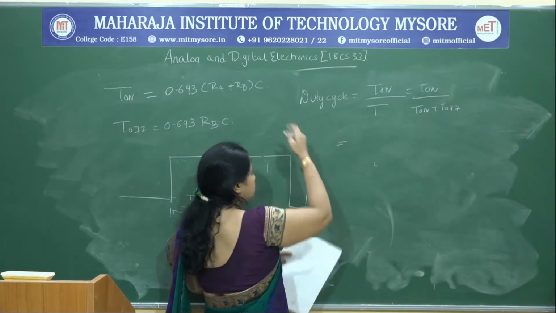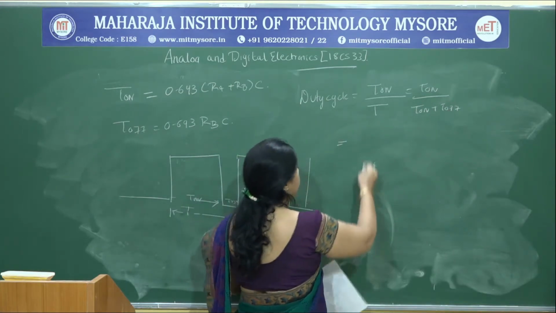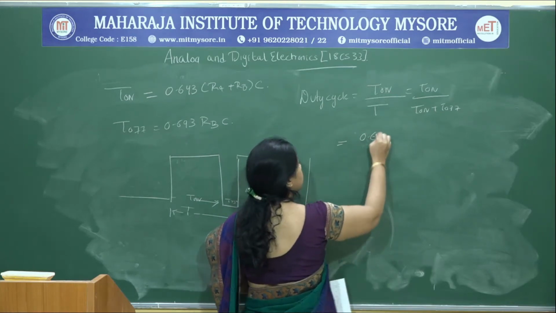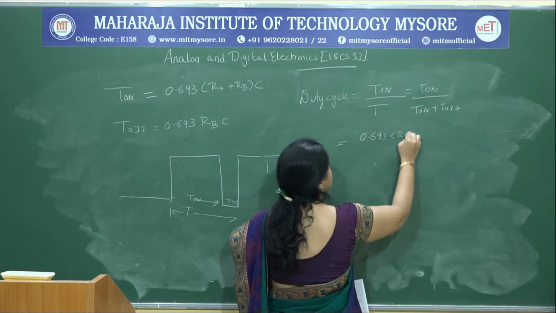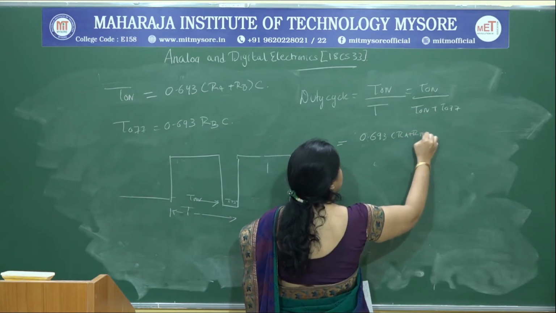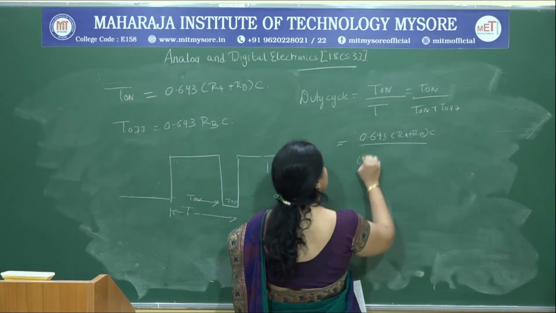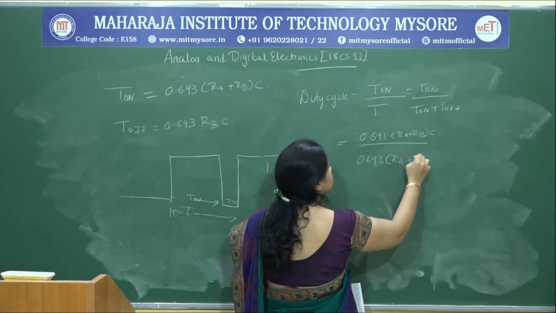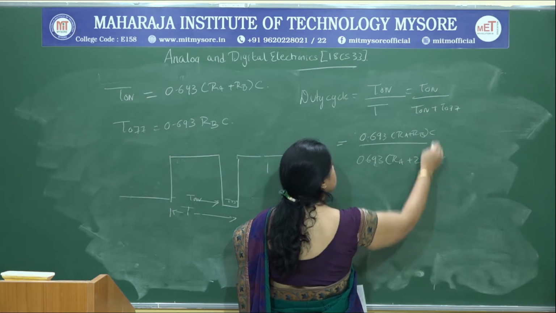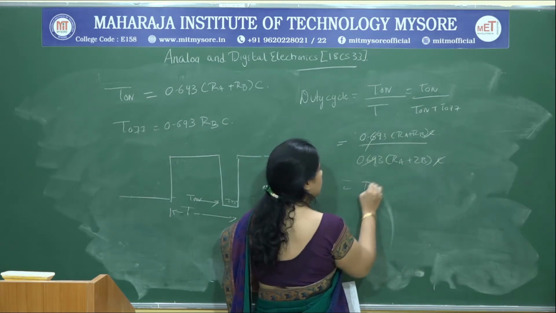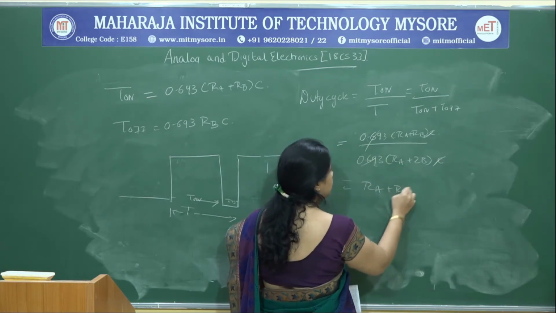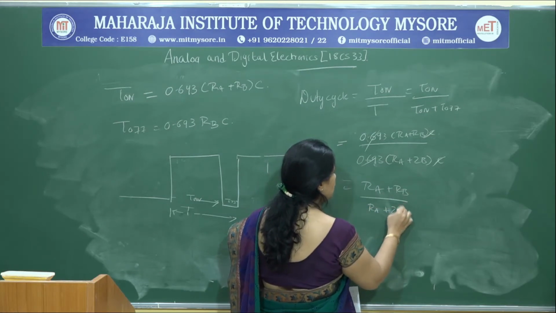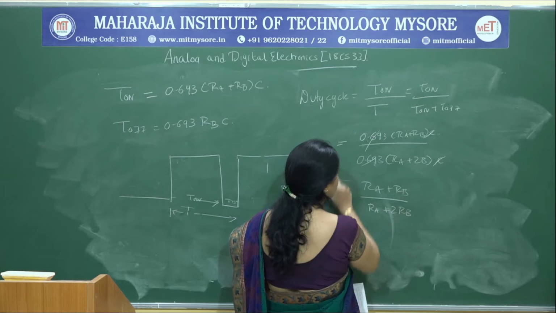You substitute these values, and you end up getting 0.693 (RA plus RB) C divided by 0.693 times, if I take common, (RA plus 2 RB) C. So, it is going to be RA plus RB by RA plus 2 RB.